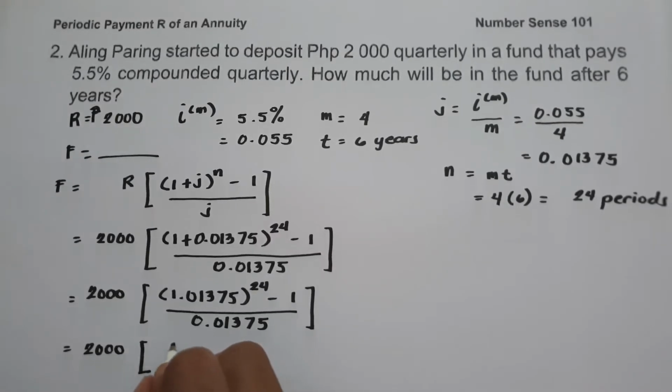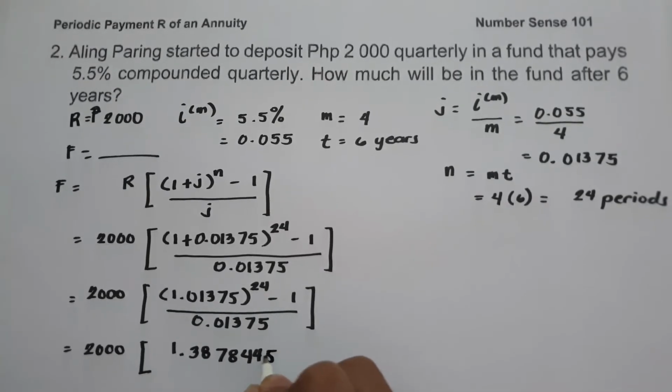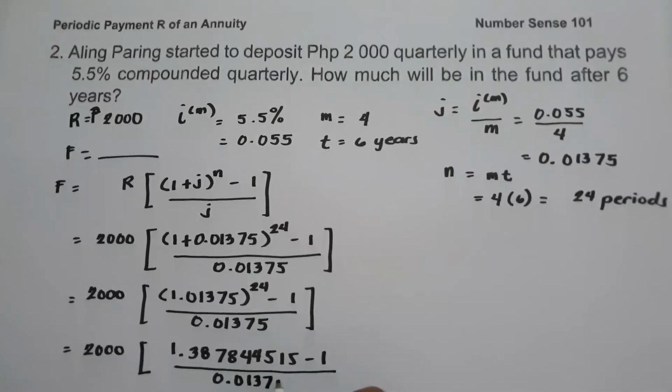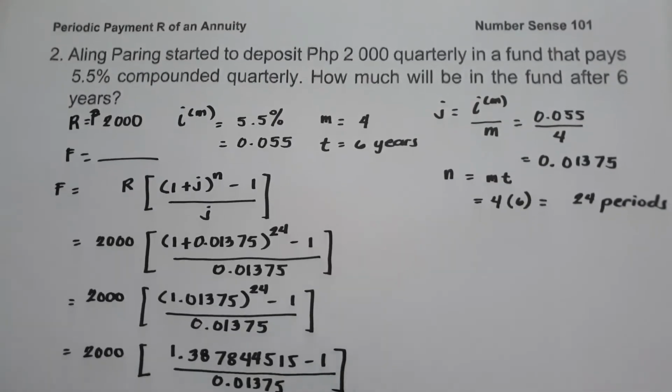It will give us 1.387844515 minus 1 all over 0.01375.